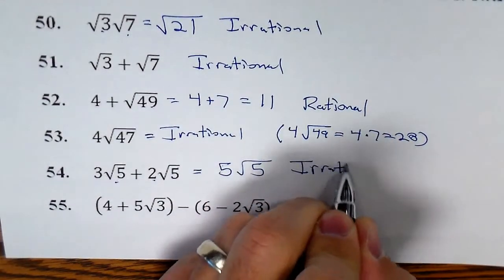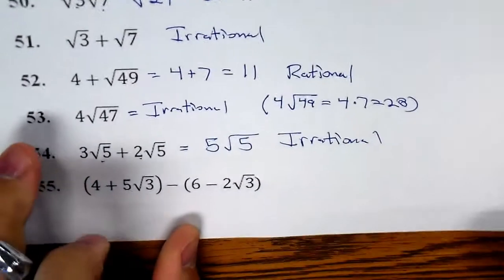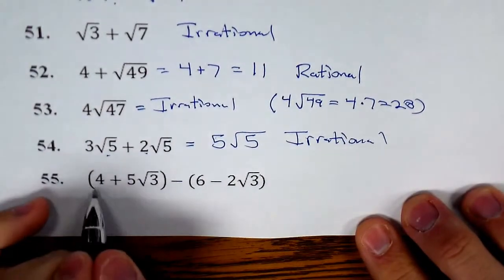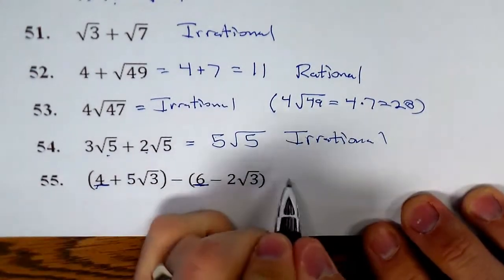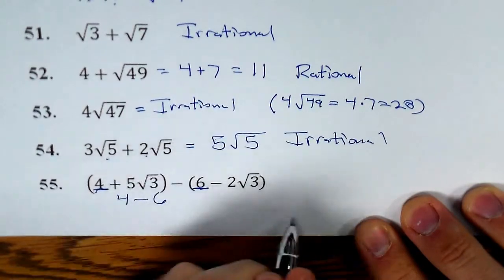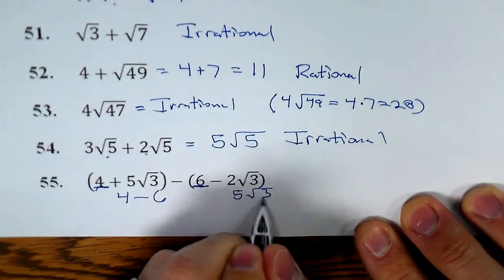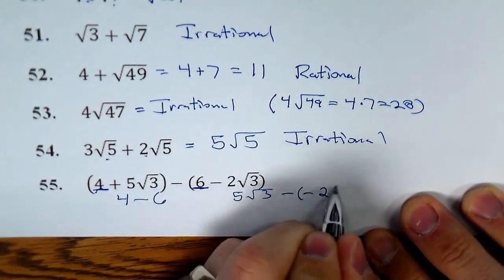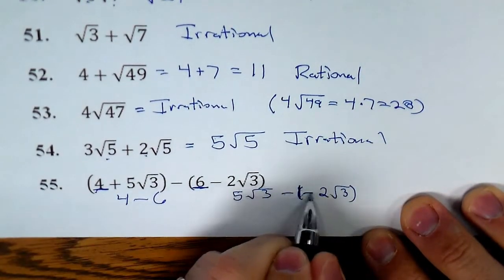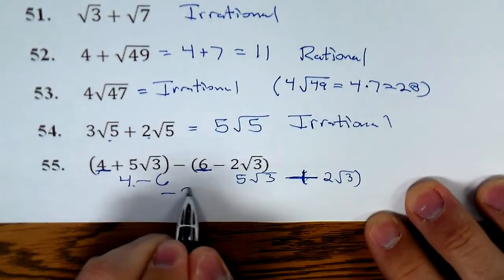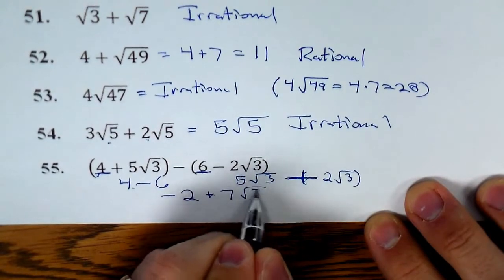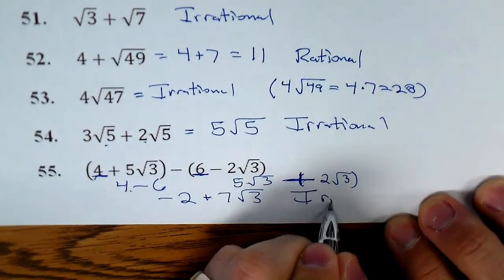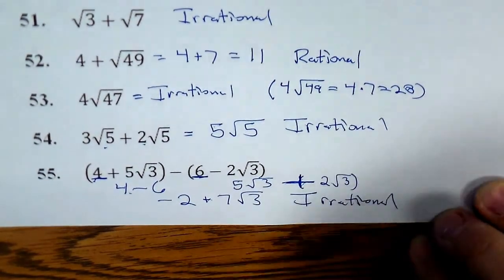Unfortunately, that is still an irrational number. And for our last one here, I'm going to combine like terms. I have 4 minus 6, and I have 5 root 3 minus a negative 2 root 3. This becomes plus, so I get negative 2 plus 7 root 3, and it is also irrational.